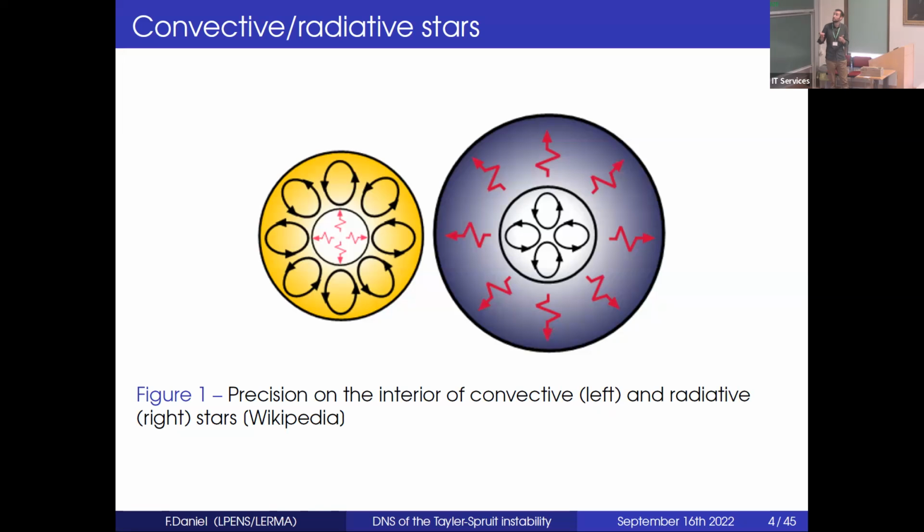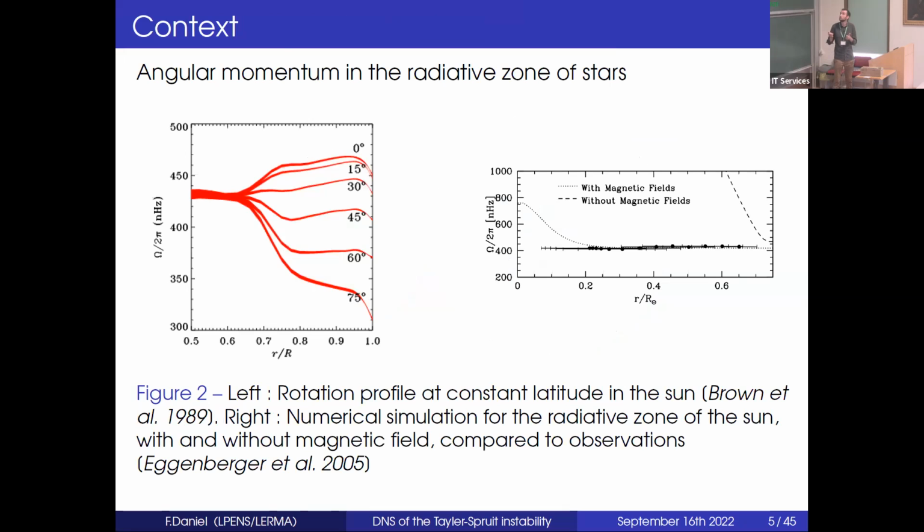And the second key aspect is going to be regarding the magnetic field's role, and more particularly its implication towards angular momentum transport. So these are curves that you all know, but on the left, you've got the famous angular rotation profile within the sun.